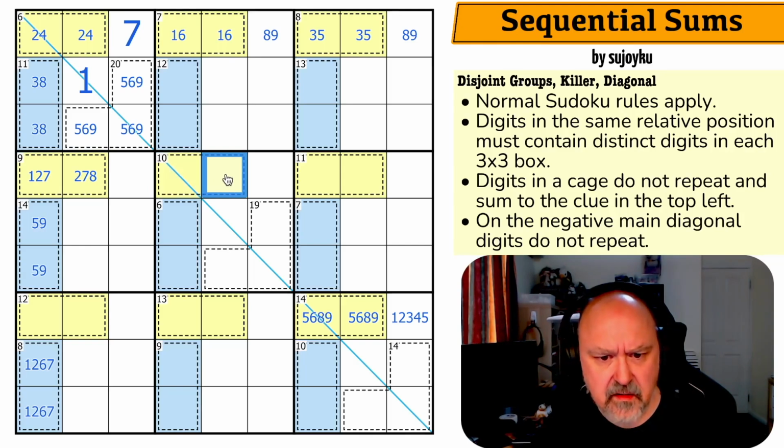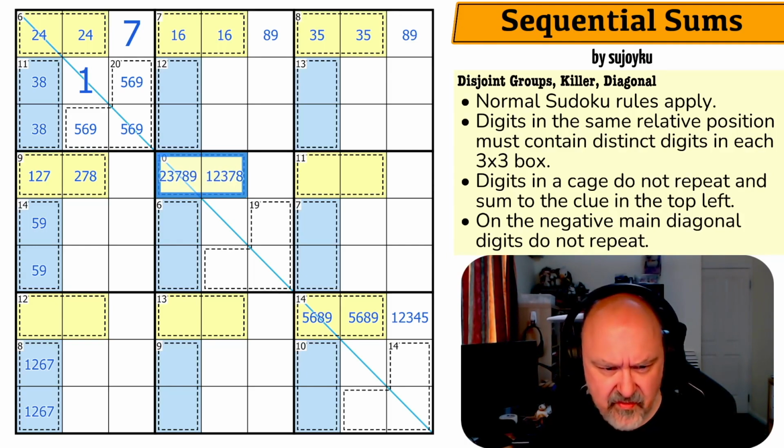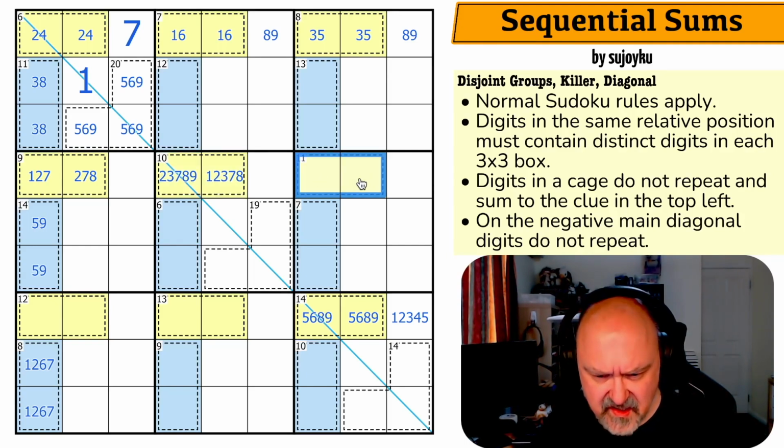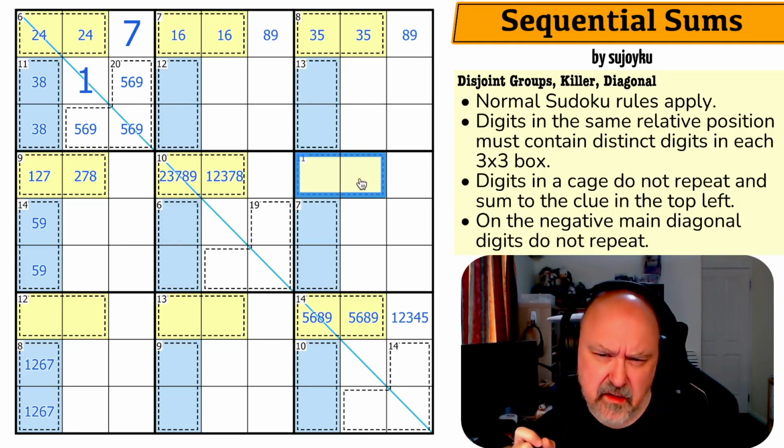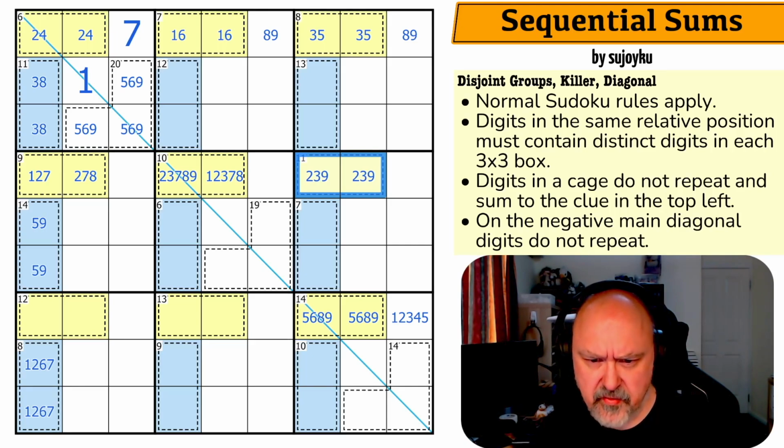So it's either 1, 9, 2, 8, or 3, 7. And in here, I must use a 7, 8, or 9. Maybe this was the way I needed to look at it. So it must be either 2, 9, 3, 8, or 4, 7.